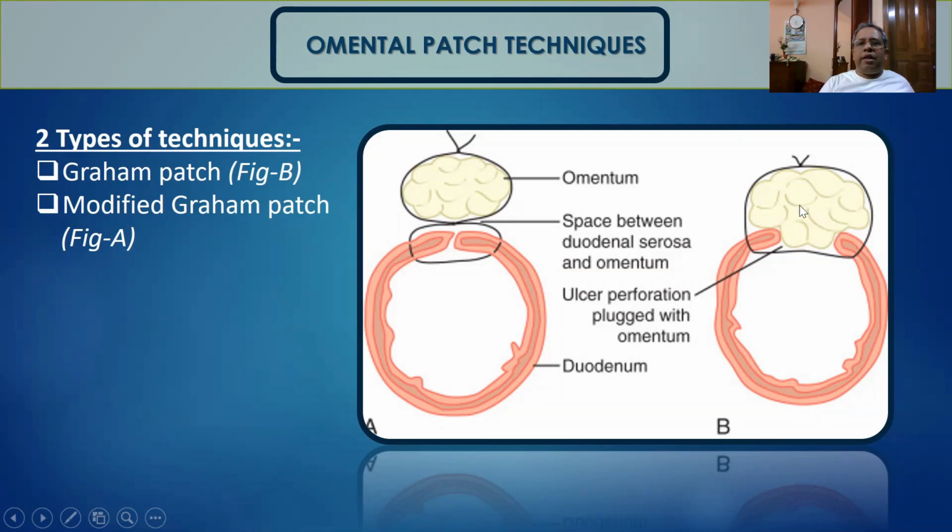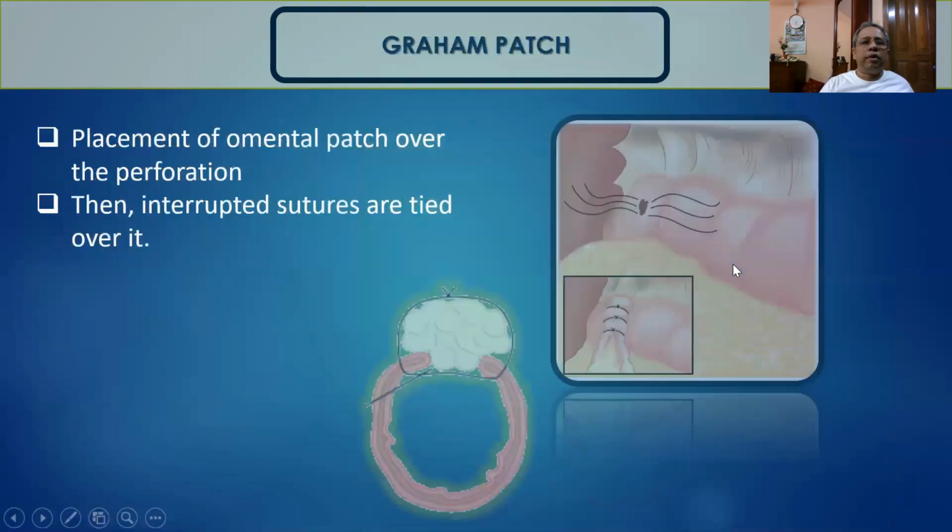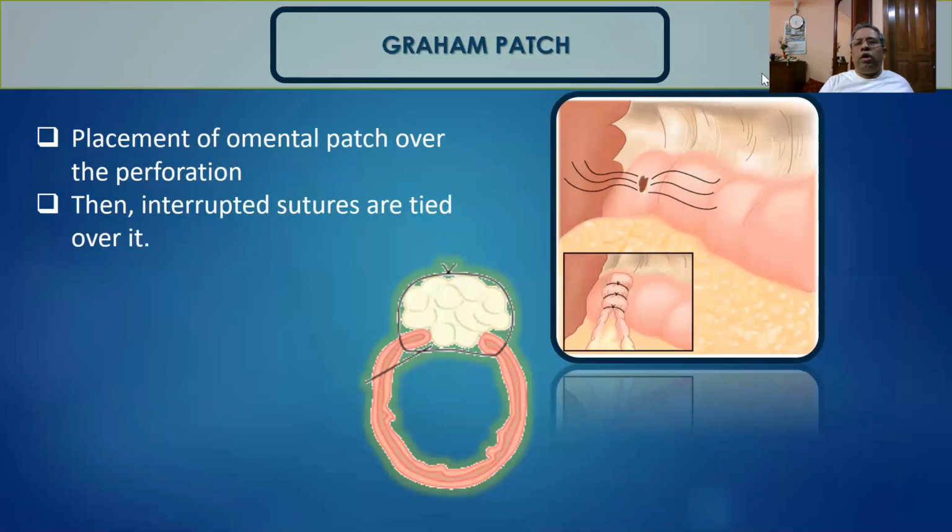So we usually practice the Graham patch method. So look, there is a perforation, and 1, 2, 3 interrupted stitches are taken first. Then place the omentum and make the tie. So it is the Graham patch method.